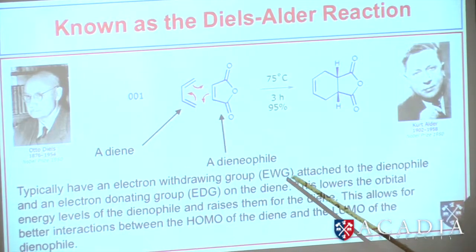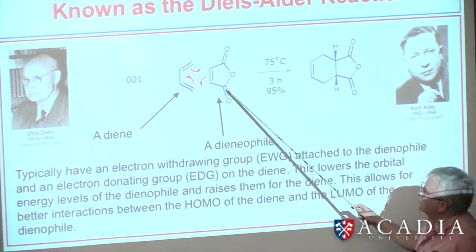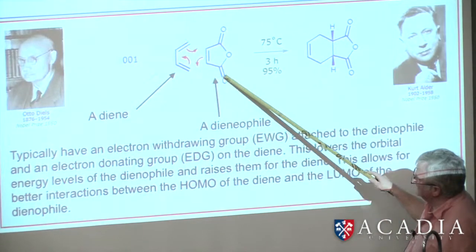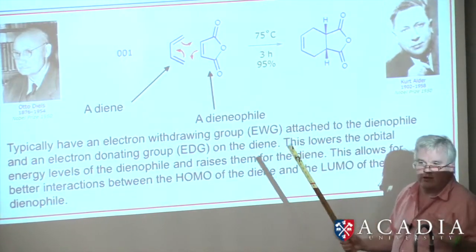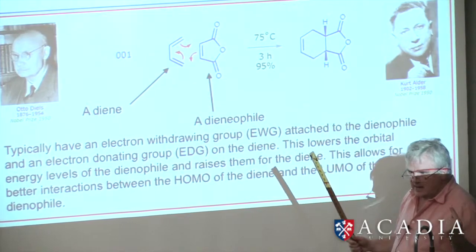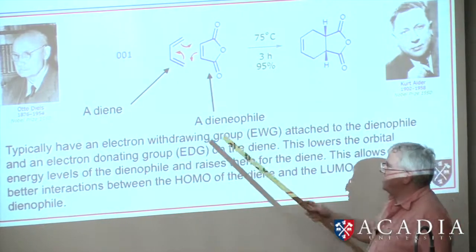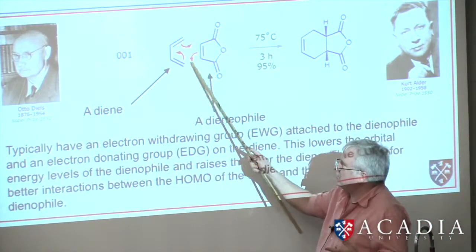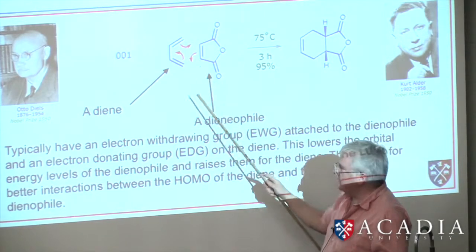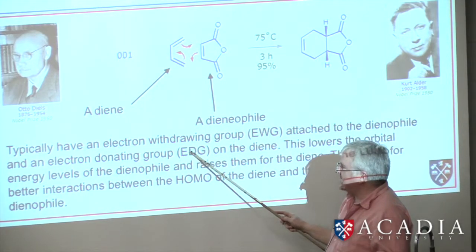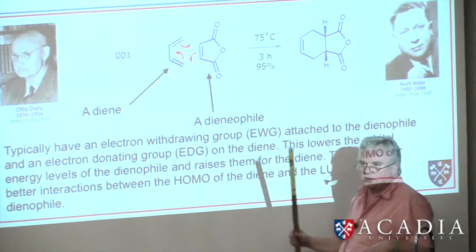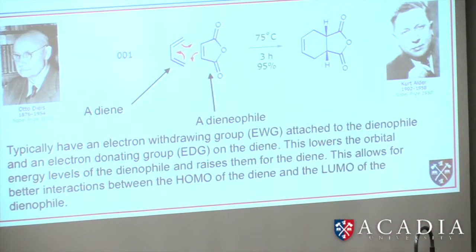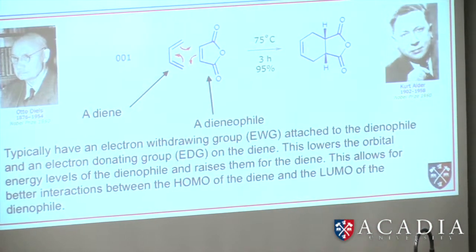Typically, when we do these reactions, we have electron withdrawing groups, and that's what these carbonyl groups are, attached to what we call the dienophile. That's the alkene. This is the first reaction that they discovered. We often have electron donating groups attached to the diene, and that actually facilitates the reaction.